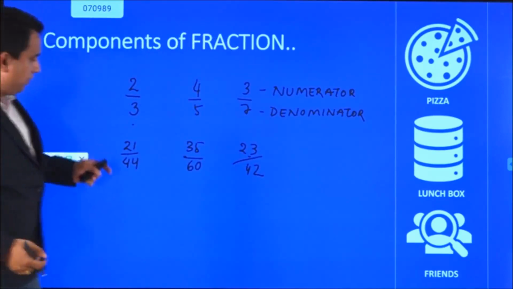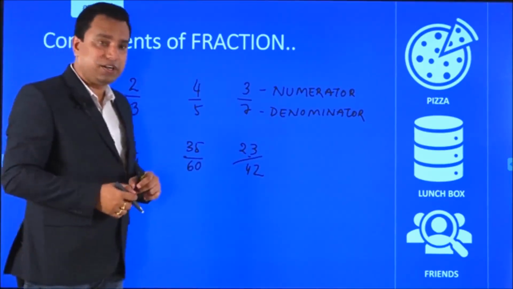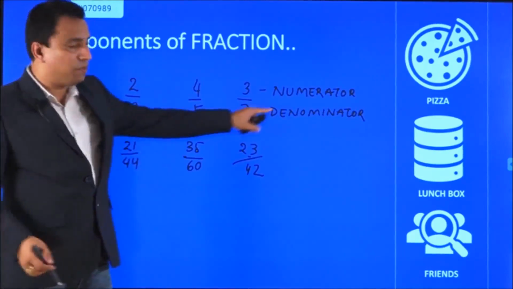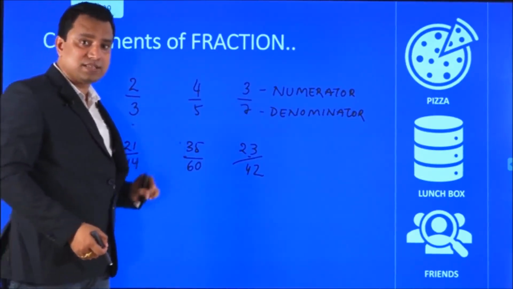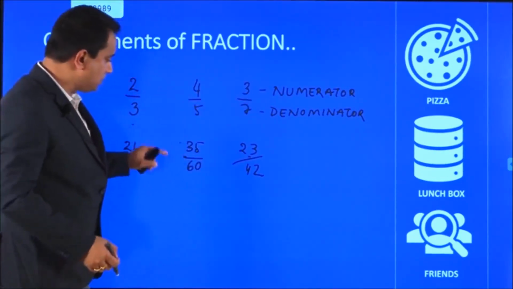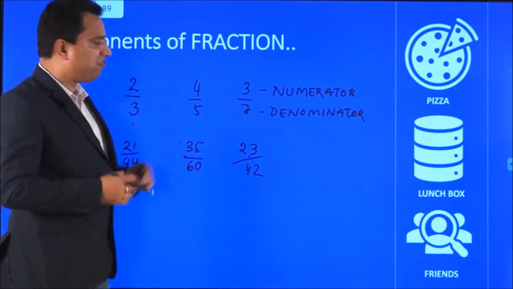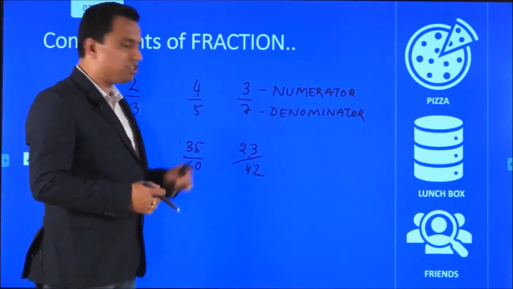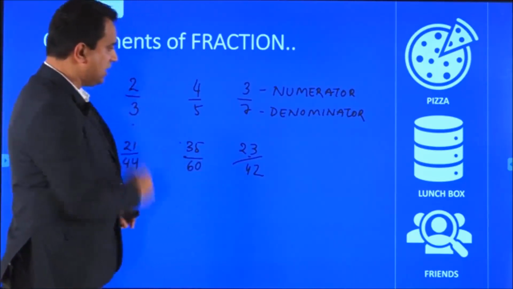In this, the number on the top, which is 21, is the numerator. 44 is the denominator. Then we have 35 by 60. The number on the top is 35, the numerator, and the number on the bottom is 60, the denominator. Then we have 23 by 42. Now 23 is at the top, which is a numerator, and 42 is at the bottom, which is a denominator.